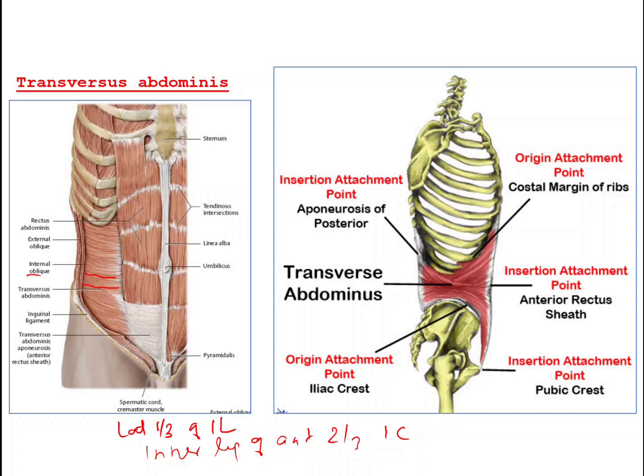The muscle fibers run transversely, most of them horizontally, and are inserted through an aponeurosis onto the linea alba.